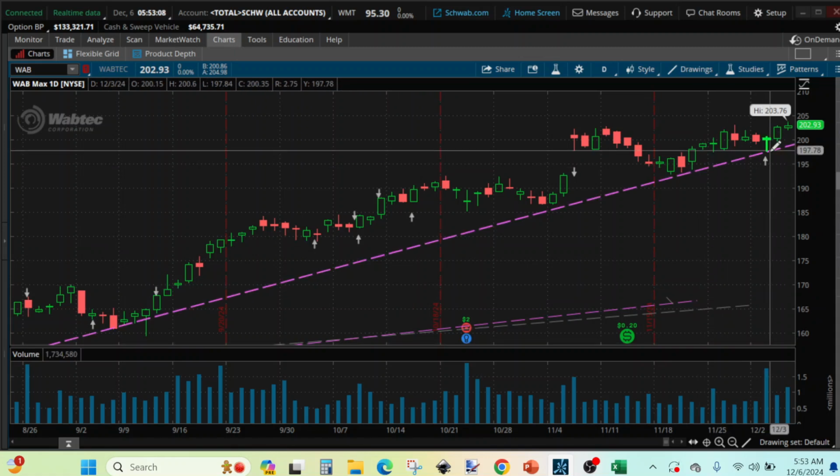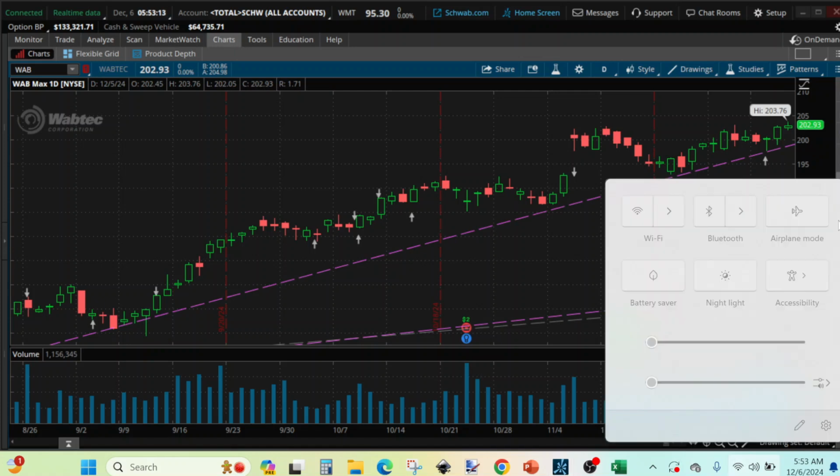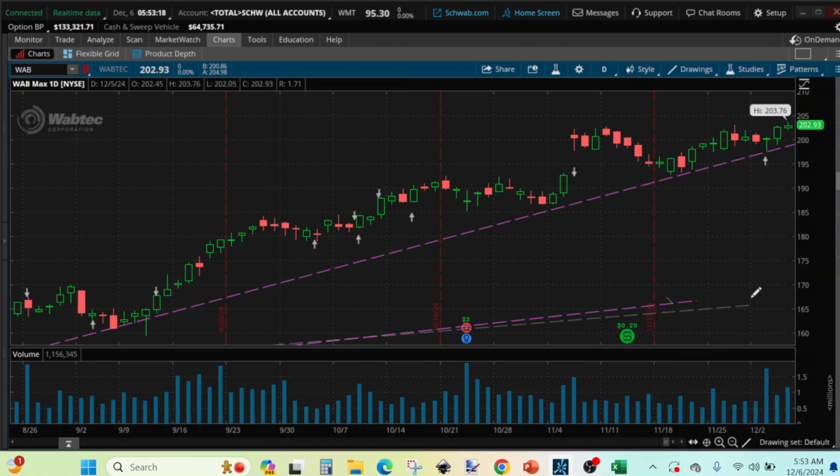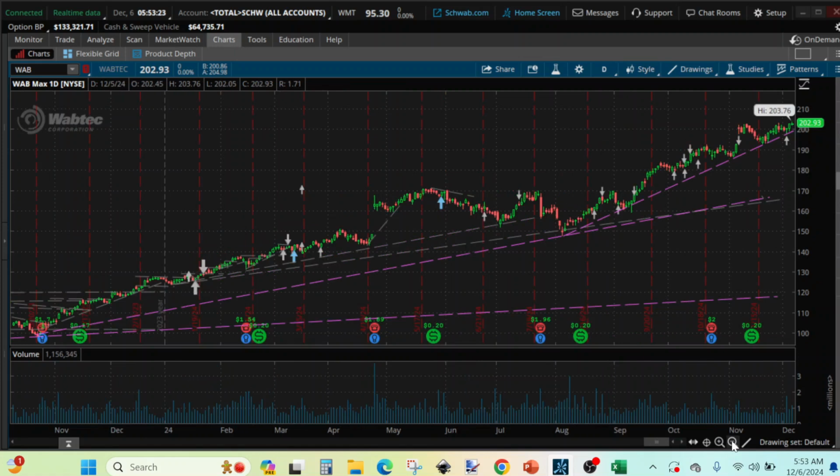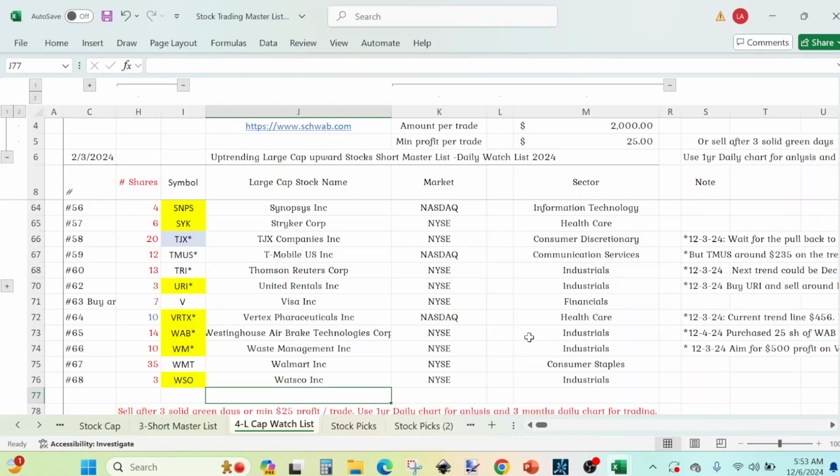We bought it at this trend line here. We must have a plan for it, to exit around January or February. Okay, so that is that.